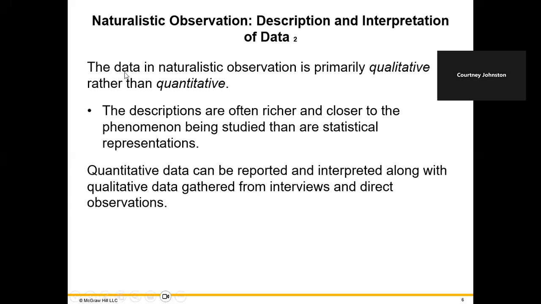In general, the data is usually primarily qualitative instead of quantitative. So again, we're collecting words, we're not collecting numbers. The descriptions are often richer and closer to the phenomenon being studied than a statistical representation. So with qualitative research, you are going to obtain the most rich and robust data because you are getting the information directly from the participant's mouth as they experience something.